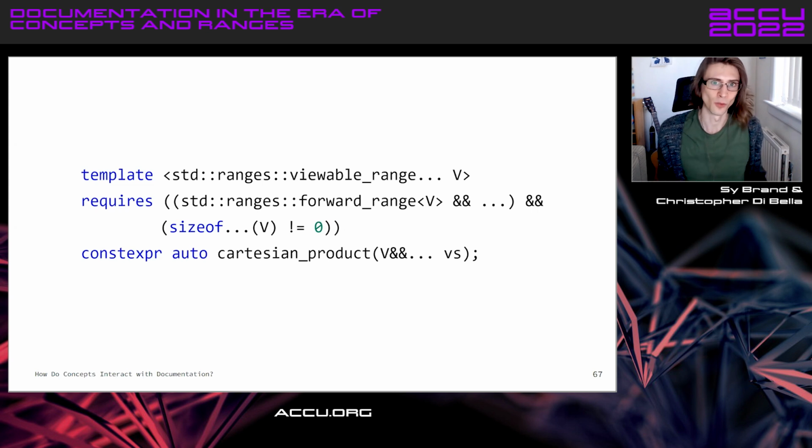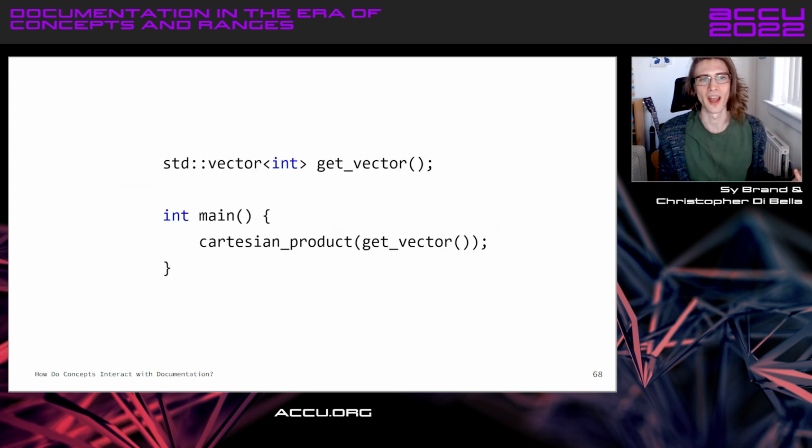And again, if we get it wrong, the compiler is going to tell us. Like if we have a function which returns an R value vector, then if we try to pass that to a Cartesian product, this shouldn't work because this vector is going to get destructed, the memory is just going to be reclaimed, and if we try to do anything with this Cartesian product, we'll be pointing to reclaimed memory.